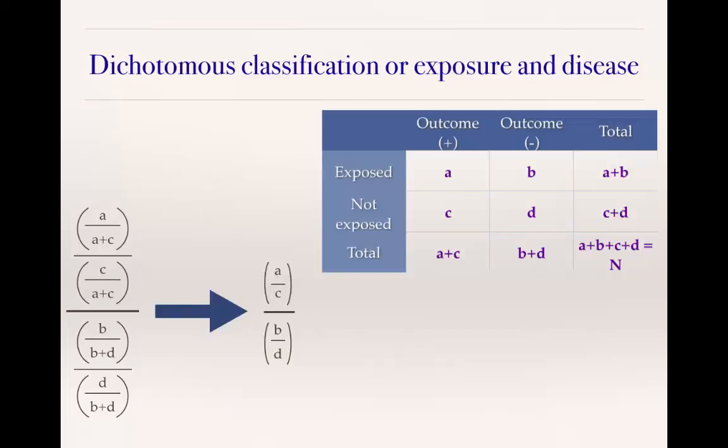So it's those exposed with the outcome divided by those not exposed but with the outcome, all divided by those without the outcome but exposed, divided by those not exposed and without the outcome.